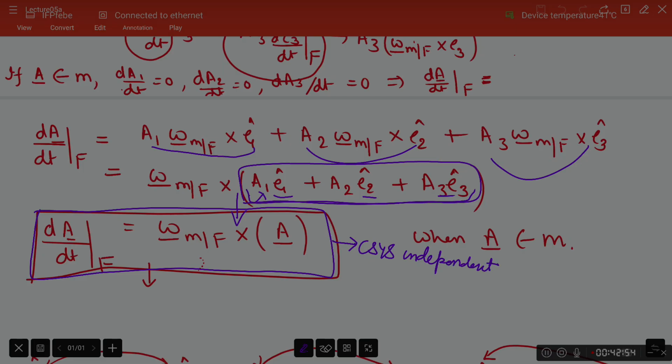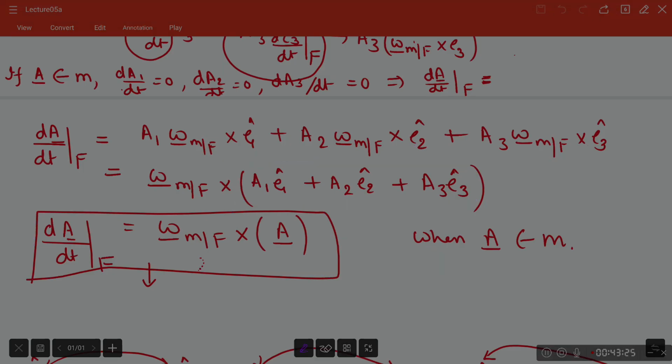So to prove this equation, we have taken help from an M-fixed coordinate system, but the final relationship is coordinate system independent in the sense that this equation will hold good whatever your working coordinate system is. If your working coordinate system is a path coordinate system, this can still be utilized. This equation will still hold. If it is a cylindrical polar coordinate system, this equation will still hold. It's good to keep this in mind.